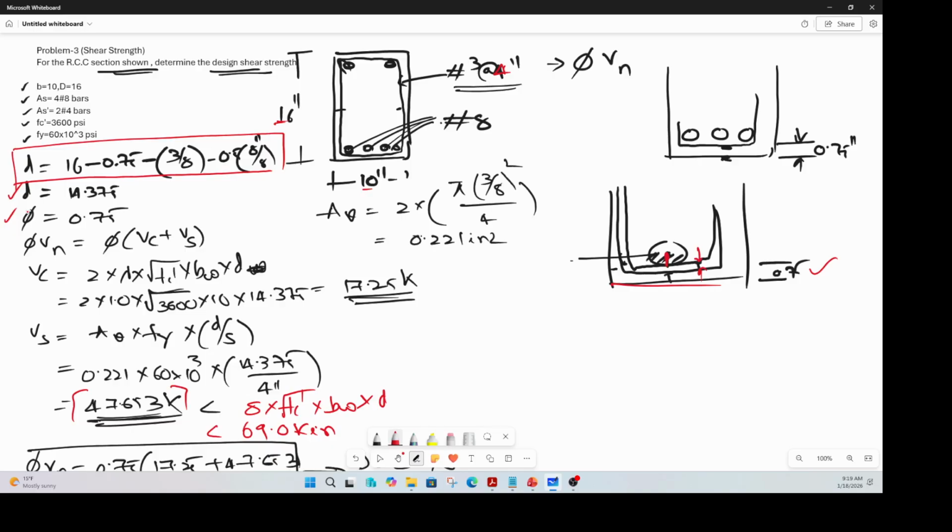Strength reduction factor for shear, right? We cannot be spending time in the exam looking up the value. Sometimes you have to memorize stuff like this. Then contribution from concrete, contribution from steel. The calculated value for concrete appears to be 17.2. Contribution of steel to shear is area times the number of sections, right?